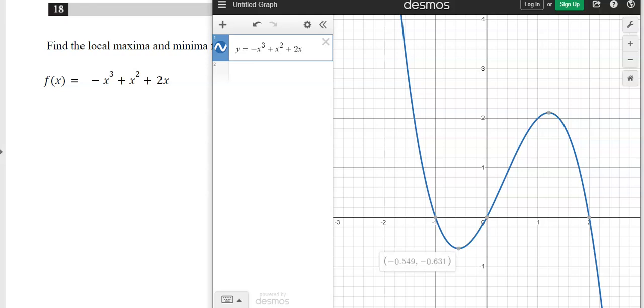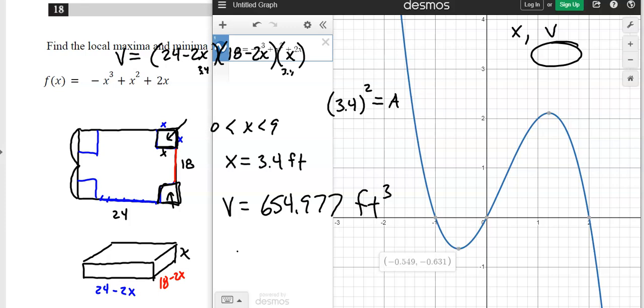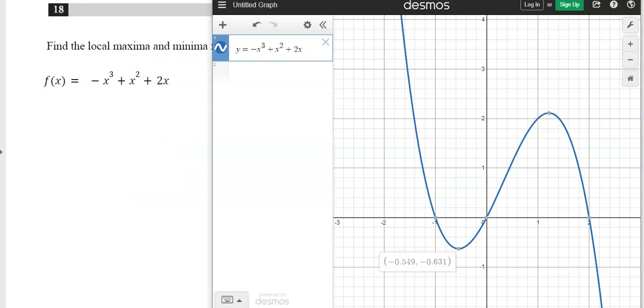As far as the minimum, the local minimum is occurring right there at x equals -0.549 and at a y value of -0.631.